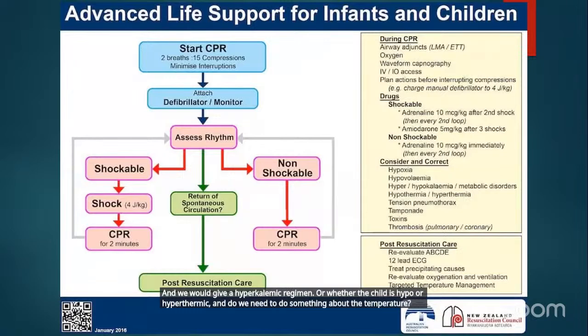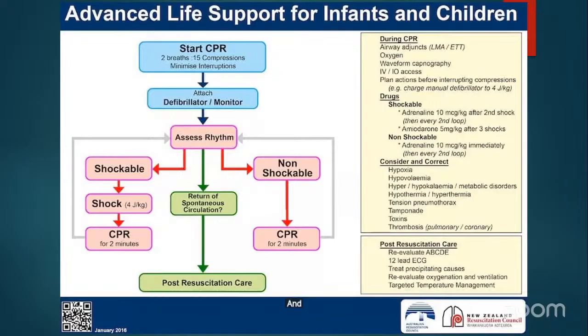The 4 T's: tension pneumothorax, so is there air in between the lung and the chest wall causing no cardiac output? Is there tamponade? Has the child imbibed some form of poison for which you need a history? And thrombosis. As I said, the likeliest problem in children is hypoxia.